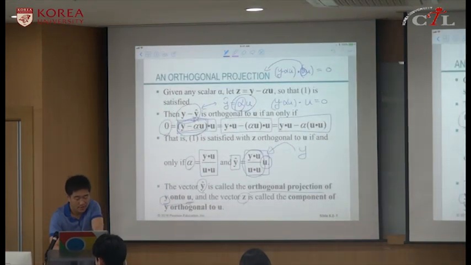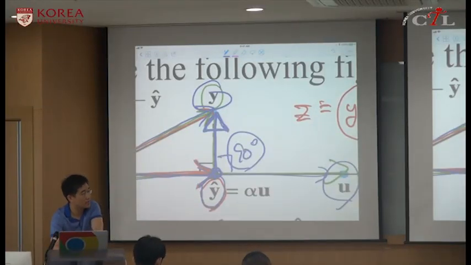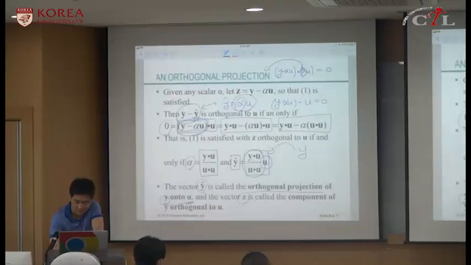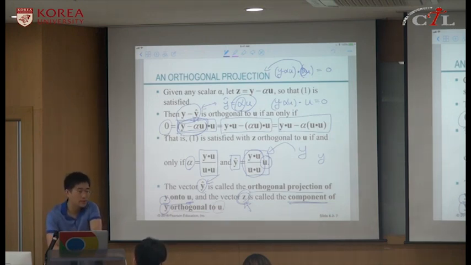And this remaining vector z, which is this vertical vector, is the second component of y, because y was decomposed into y hat and z. That component is orthogonal to u.